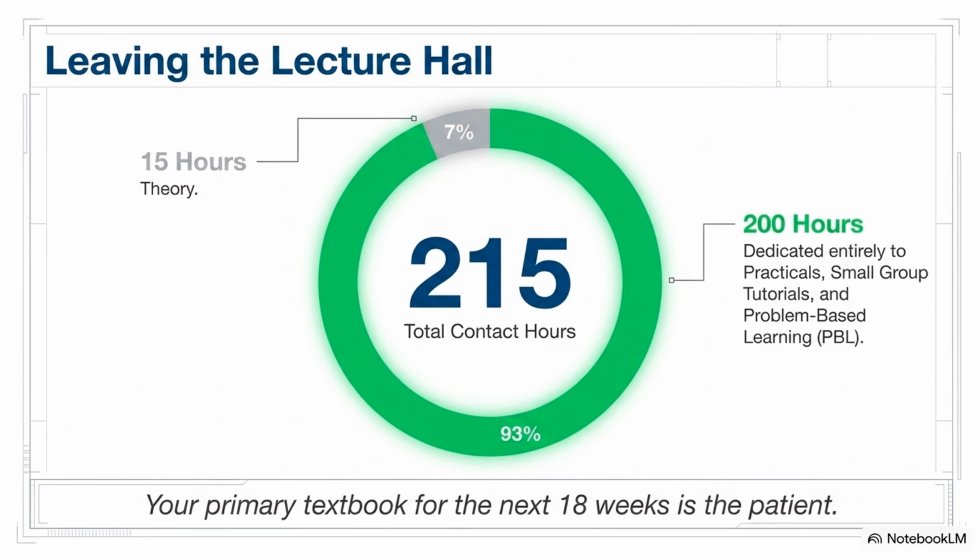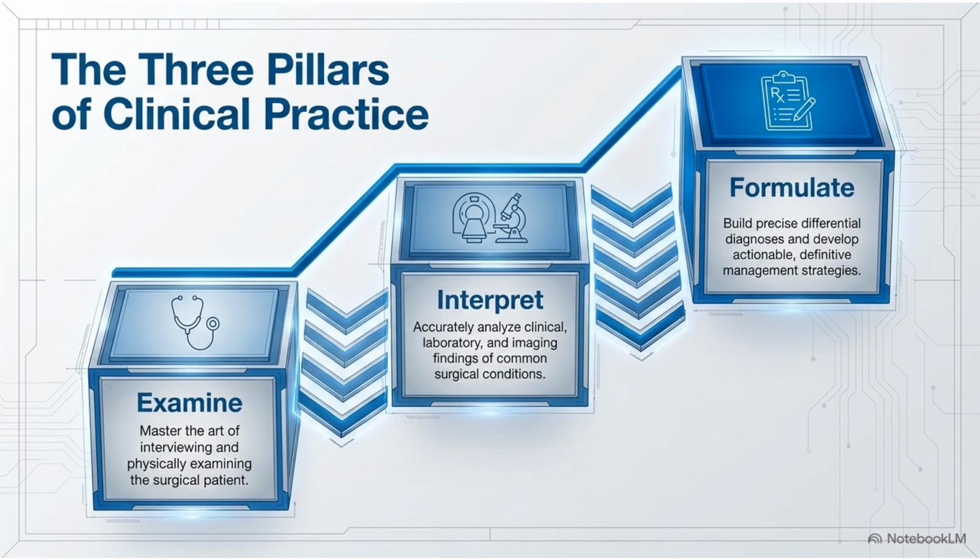We have to emphasize that your primary textbook in this course is the patient. So for the next 8 weeks, your patient is your book. The three pillars of clinical practice are examination, interpretation, and formulation of the diagnosis at the end.